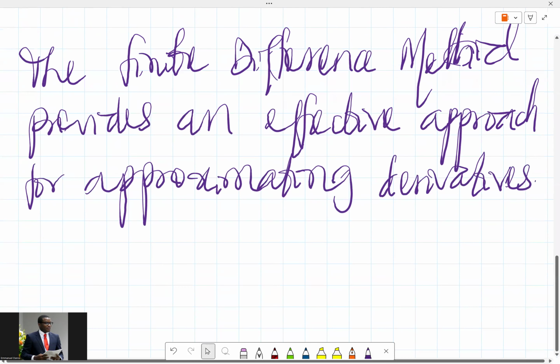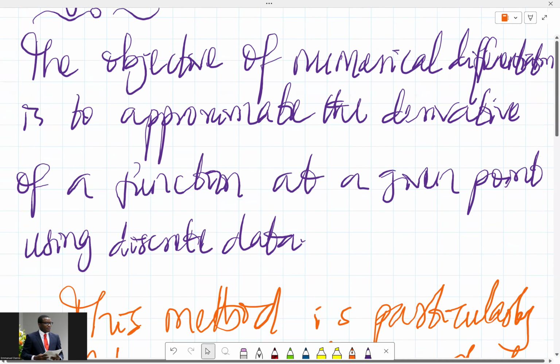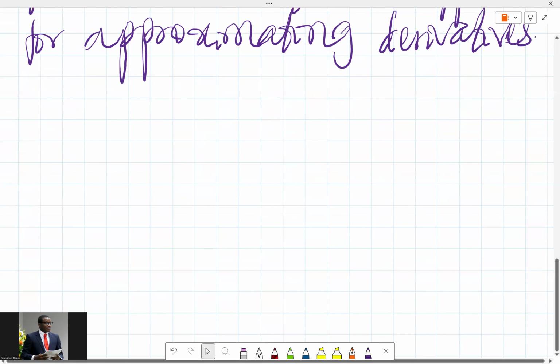Okay, that said, let's look at some basic concepts of finite difference.